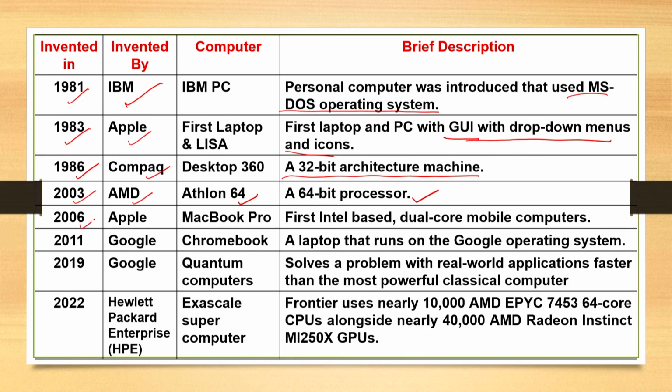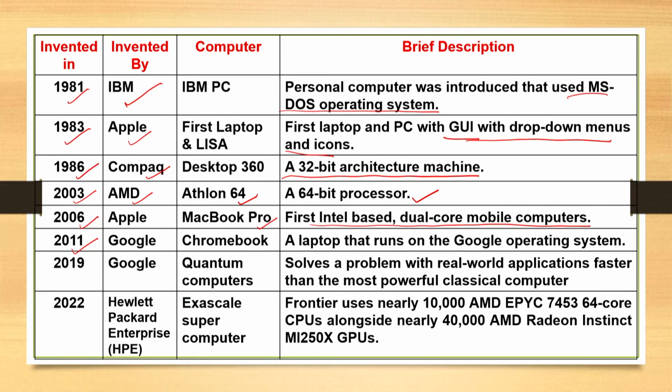In 2006, Apple invented MacBook Pro, which is the first Intel based dual core mobile computer. In 2011, Google developed Chromebook, which is a laptop that runs on the Google operating system.